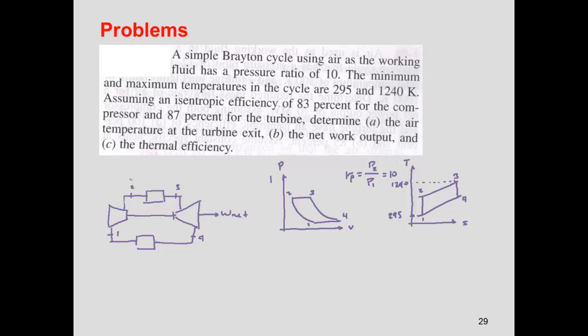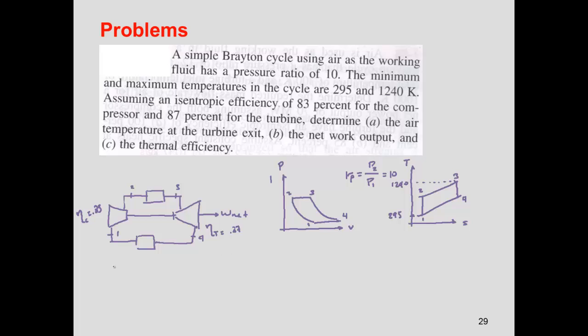We also know the isentropic efficiency of the compressor is 0.83, and the isentropic efficiency of the turbine is 0.87.